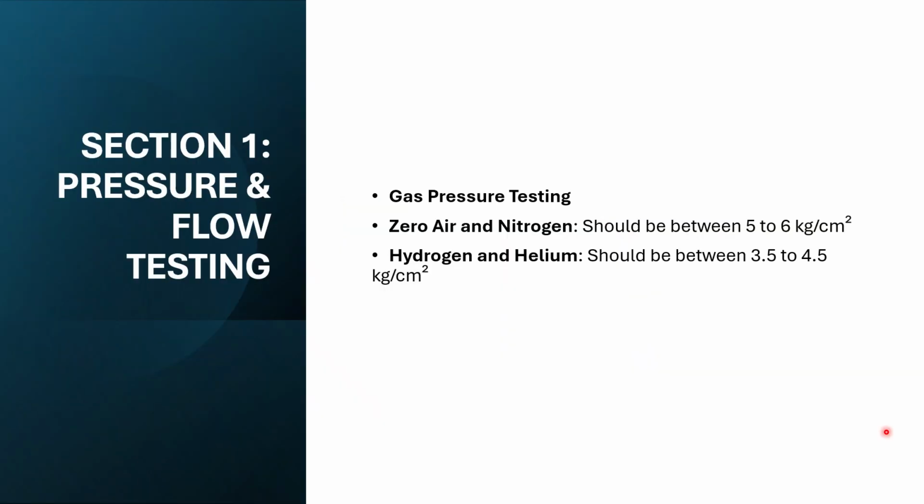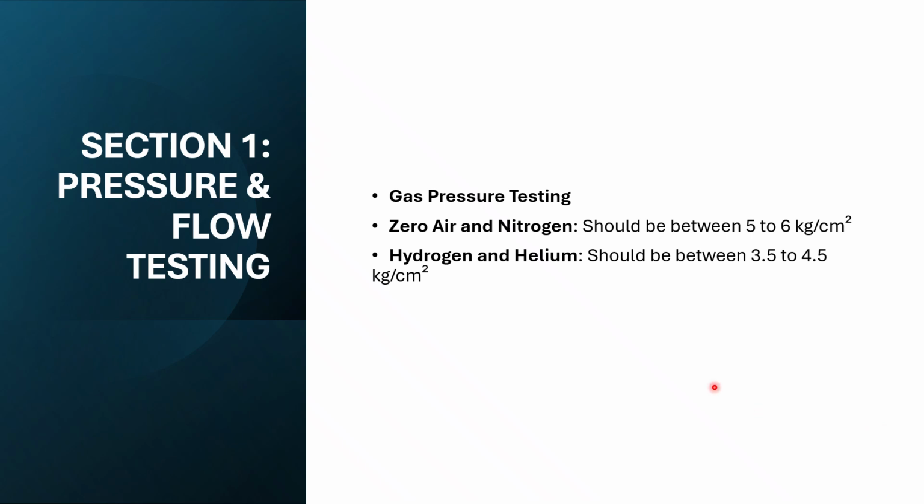Alright, let's start with the foundation of the GCMS system, that is gases and flows. Let's start with gas pressure testing. Your carrier and detector gases need to maintain specific pressure ranges.